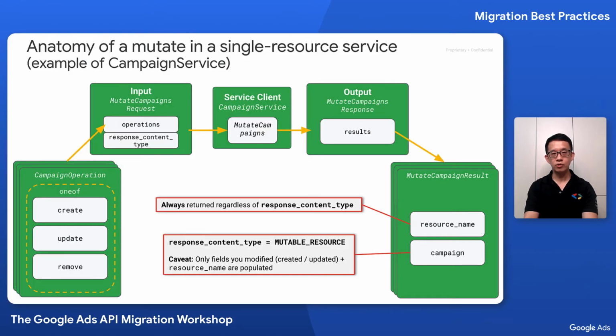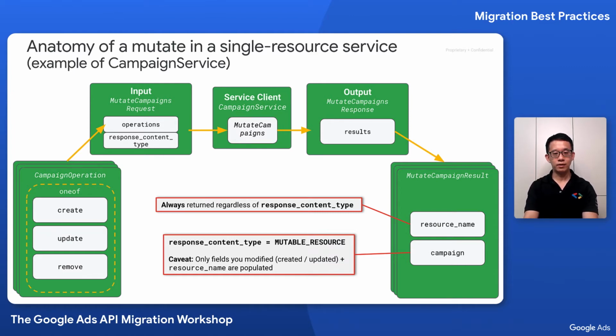For example, operation 1, if you send create operation to the server, then the MutateCampaignResult 1 will contain the resource name of the created campaign. Likewise, if you send the update in the CampaignOperation number 2, then the MutateCampaignResult number 2 will contain the resource name of the updated campaign as well. And that is the basic usage of the MutateCampaigns.